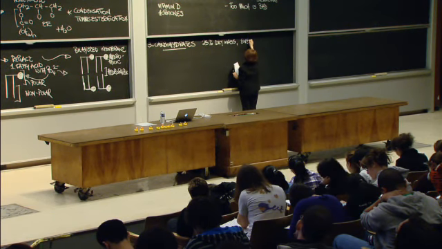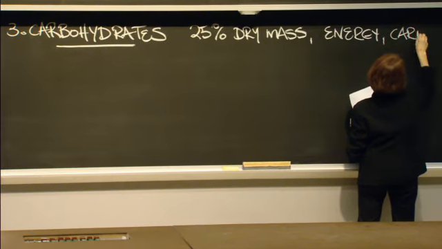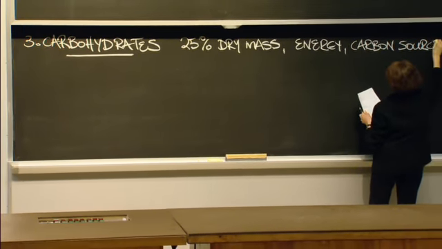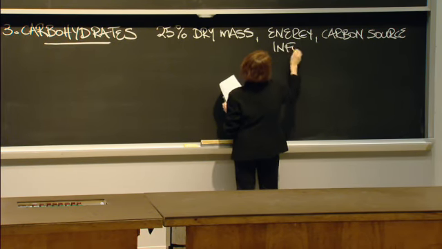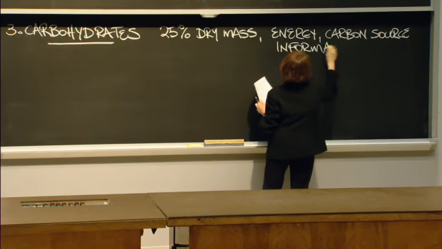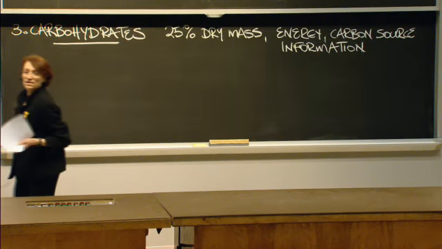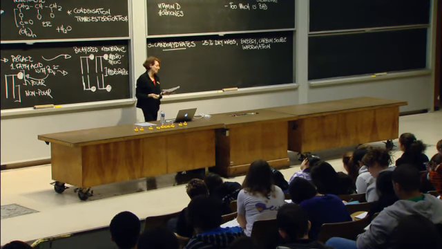They're used as an energy source, as a carbon source to build other molecules. And they also encode information, as in your blood type, which I will try to touch on in a few moments. Their chemical formula is much simpler and is polymeric, unlike the lipids.